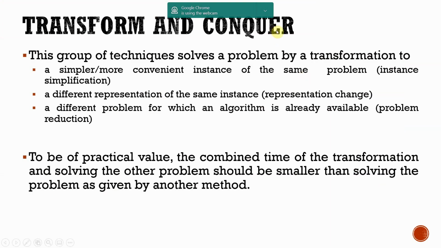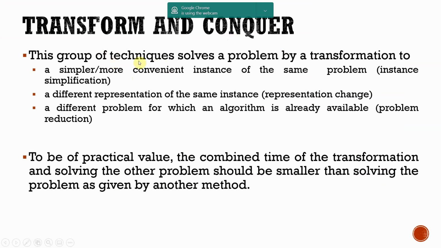When we discussed merge sort and quick sort, I mentioned that those are from the family of algorithms called divide and conquer. We have other kinds of algorithms in the category of transform and conquer.